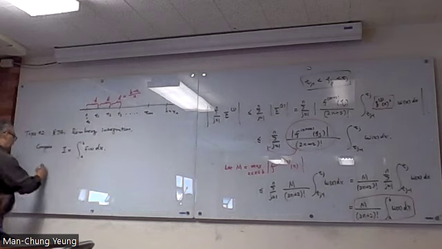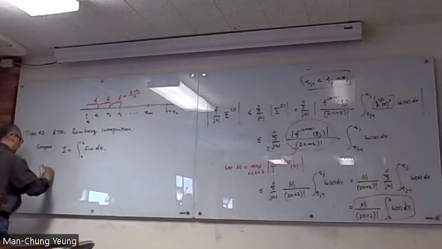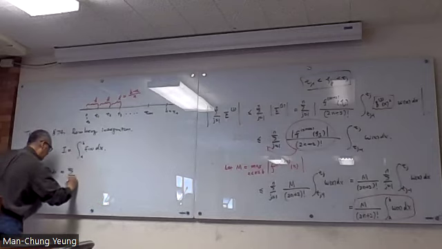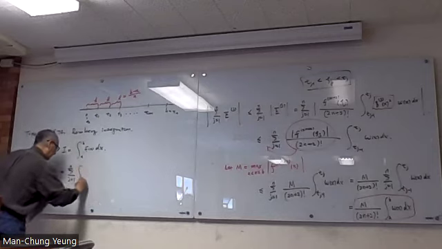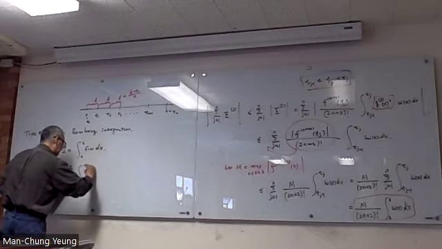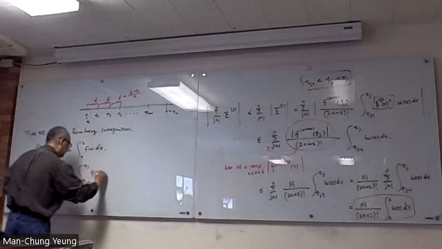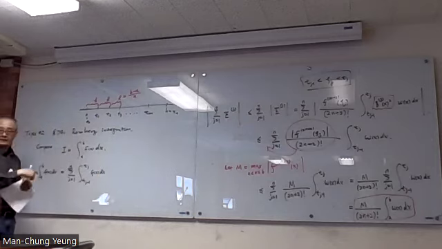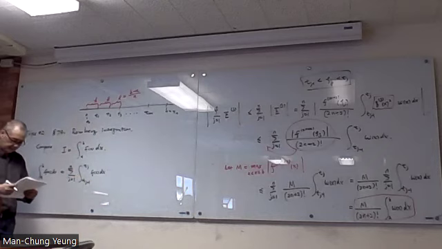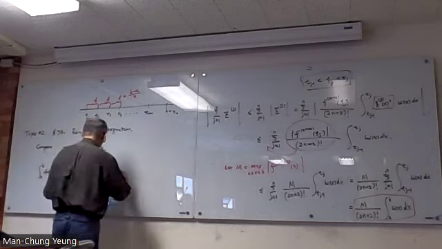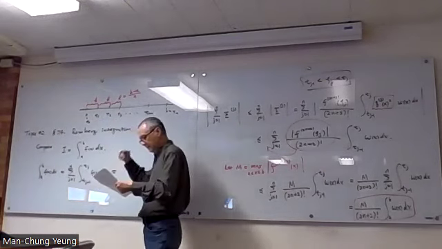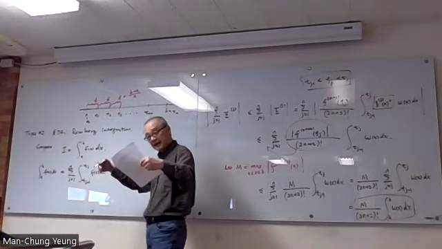Here, the integral from a to b is the summation j from 1 to n of the integral from t_{j-1} to t_j of f(x). Now apply the trapezoid rule here, then simplify.